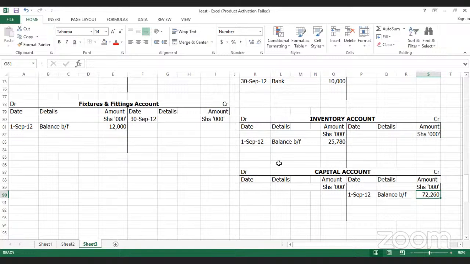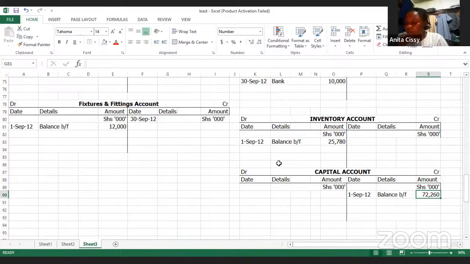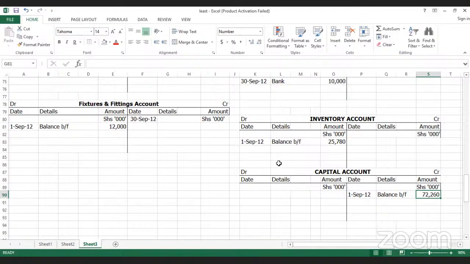Then you have to deduct the smaller total from the larger total to find the balance. Now, you enter that balance on the side with the smallest total.